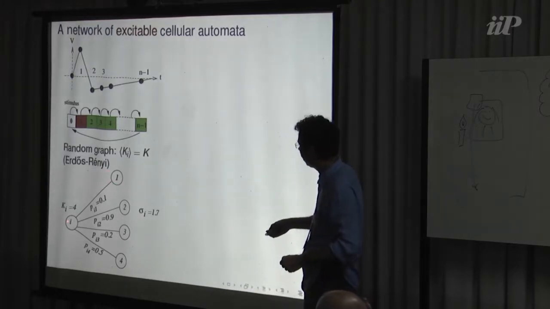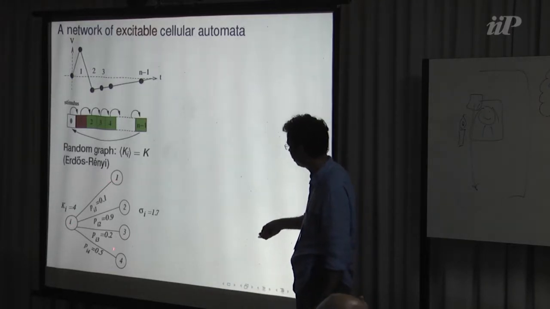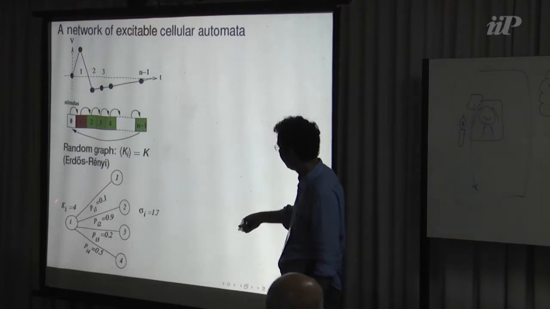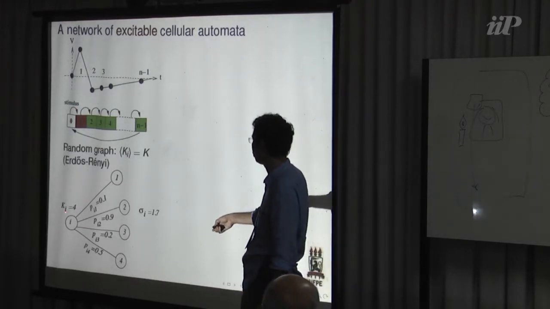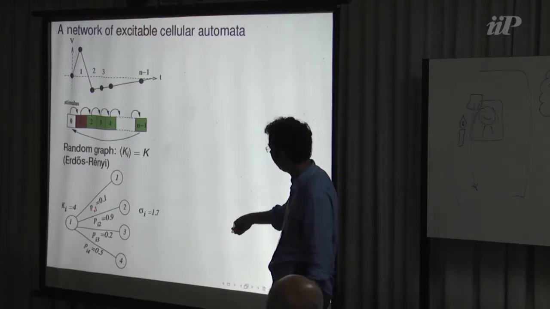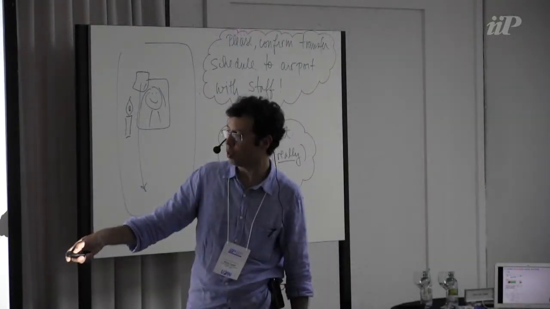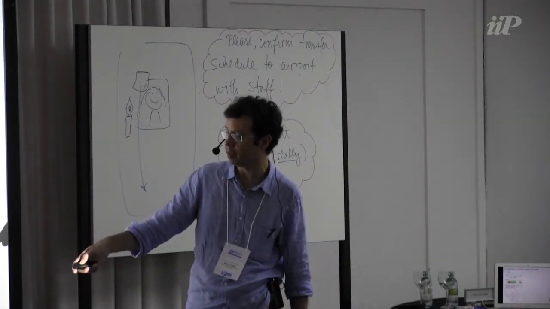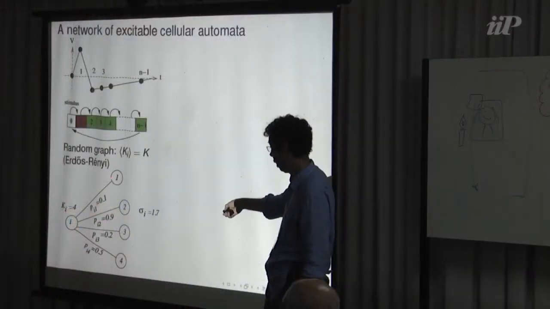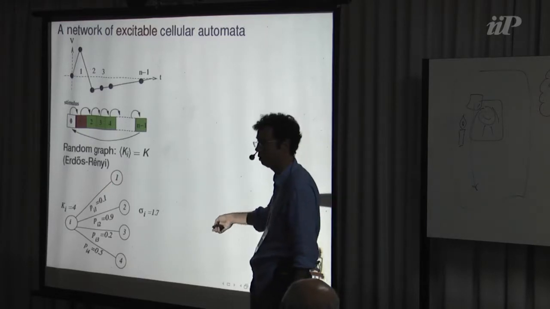The idea is that this is a neuron, this is a neuron, this is a neuron. You have the cellular automaton on each site, and if this neuron has k_i equals 4, it has 4 neighbors. This is the probability p_ij connecting neuron j to neuron i, say 0.1. That means if this neuron spikes and this one is quiescent, then it will spike in the next time step with probability 0.1.